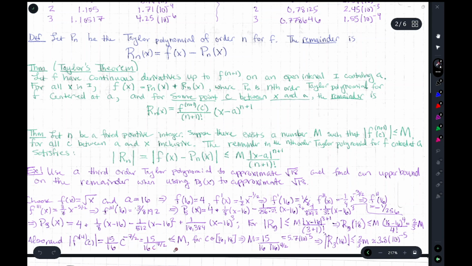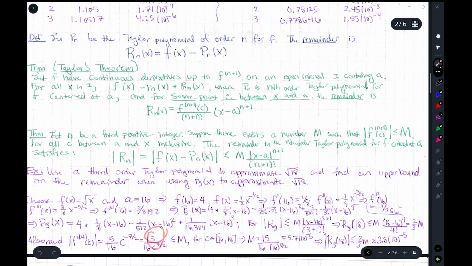Now, how large can this term grow? Again, we're looking from x to a. Here a is 16, and x, as far as we want to go, is 18. So c is within the interval, inclusive, 16 to 18.